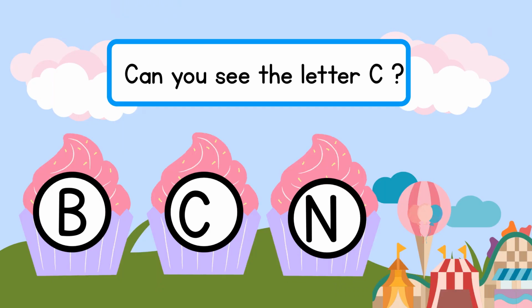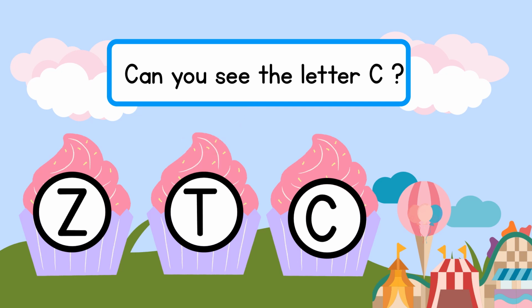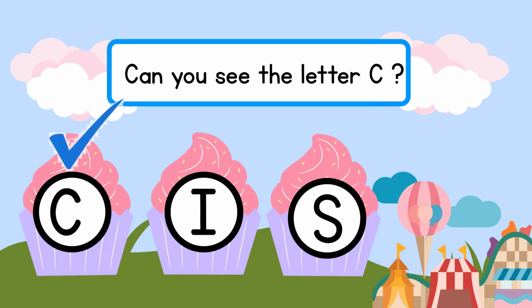Can you see the letter C? That's great. This is the letter C, the big letter C. How about this? Can you see the letter C? Good job. This is the letter C, the big letter C. That's great.